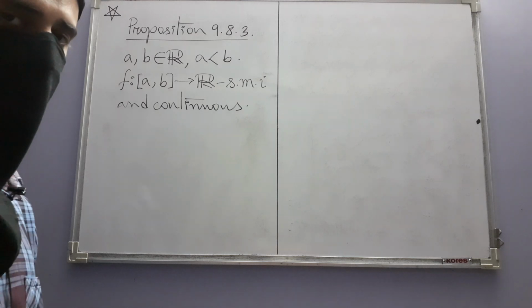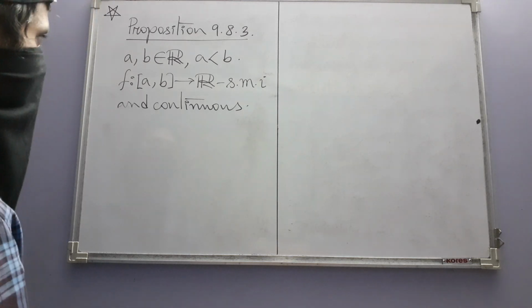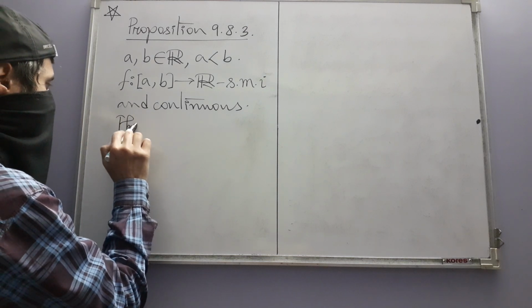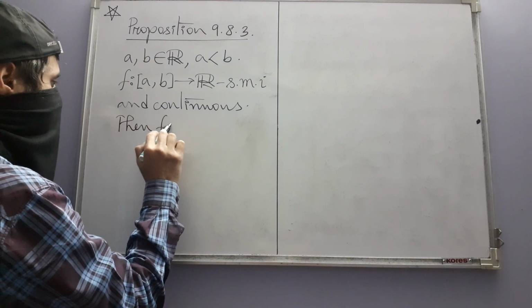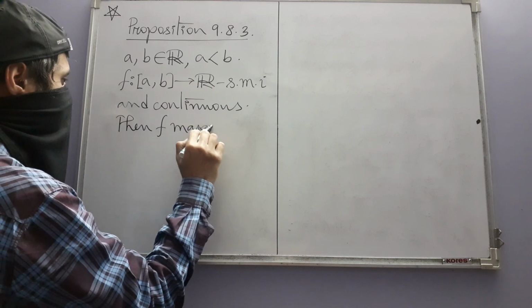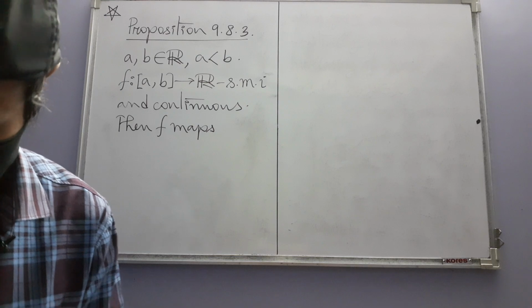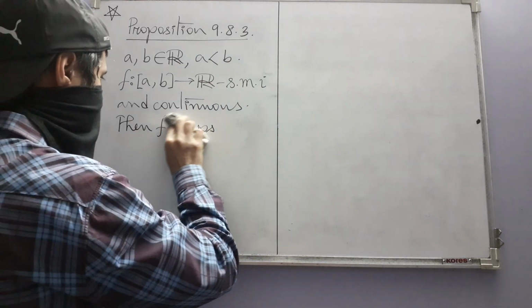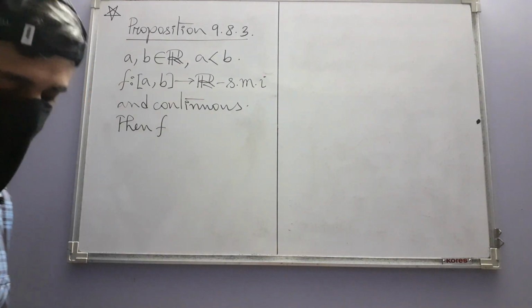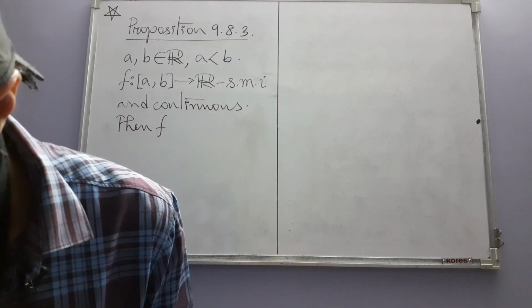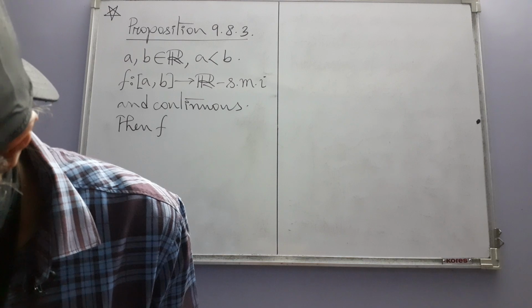This is our hypothesis. Then the theorem says that f is a bijection itself. I think that's how the theorem is stated.